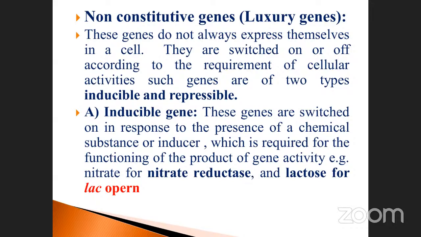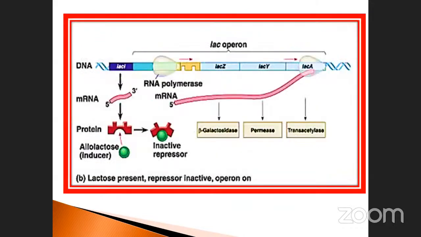We will discuss this later, because we already saw it in the intro: the lac operon and the trp operon. Here, inducible means that a chemical substance induces the reaction, and the particular gene is also responsible. That is very important. Two examples are given: nitrate reductase, and lactose for the lac operon concept.